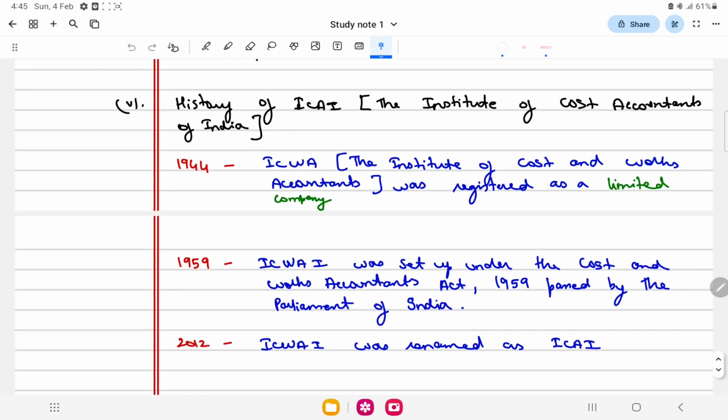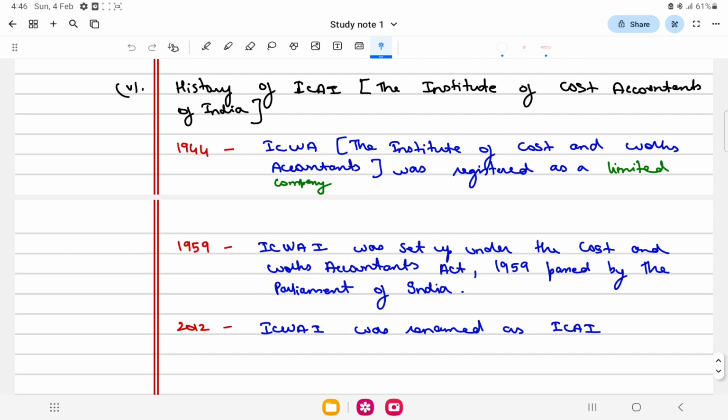Then last topic, history of our institute, the Institute of Cost Accountants of India. 3 major years to be remembered: 1944, 1959, 2012. In 1944, ICWA, the old name was Institute of Cost and Works Accountants, not of India.